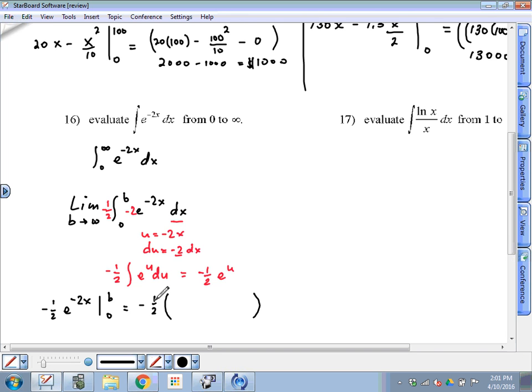The antiderivative at the upper bound is just e to the negative 2b, and then subtract the antiderivative evaluated at the lower bound, which is e to the 0 power, and that is just 1.